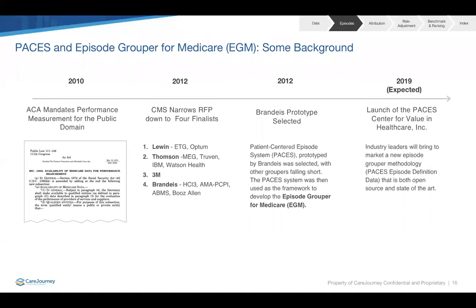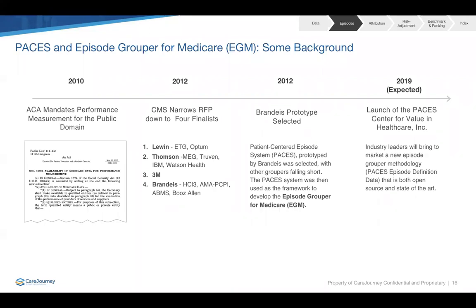The Brandeis prototype was launched and published, and shortly thereafter was the formal episode grouper for Medicare, as commissioned and funded by CMS to the tune of tens of millions of dollars. That system, I'm pleased to say, is expected to be made publicly available later this year or early next through a program called PACES.